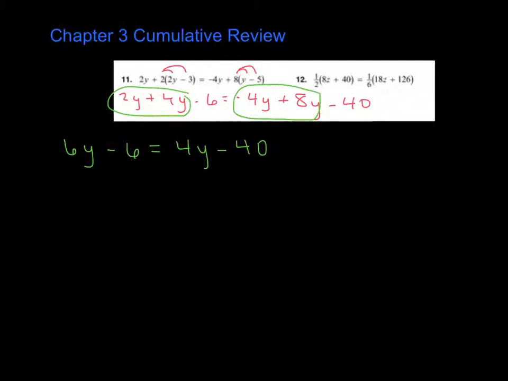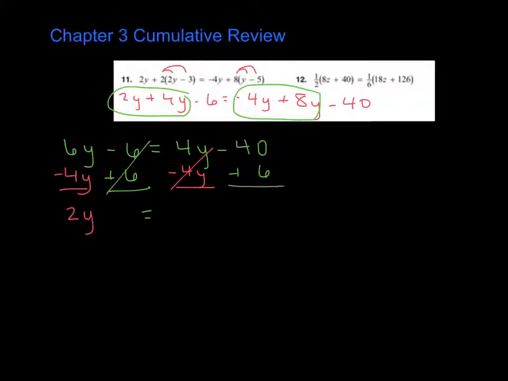Then from here, I'm going to subtract 4y to get all my y's on one side of the equation. That's going to give me 2y. And since I moved my y's to the left, I'm going to add 6 to both sides to get my 6 on the other side. And that's going to give me negative 36. If you're still struggling with your integers, make sure you're using your calculator here.